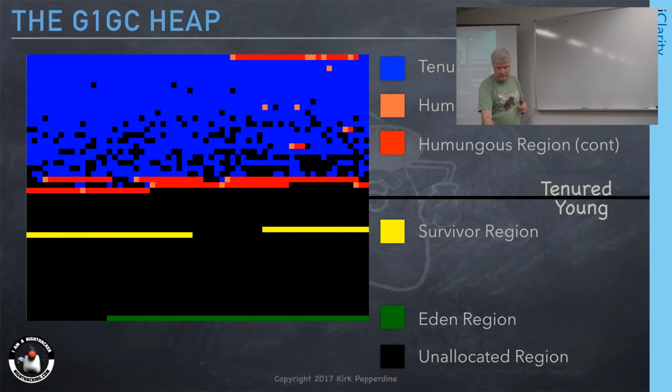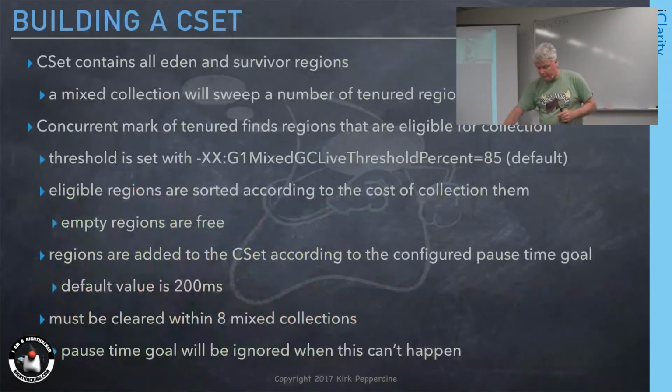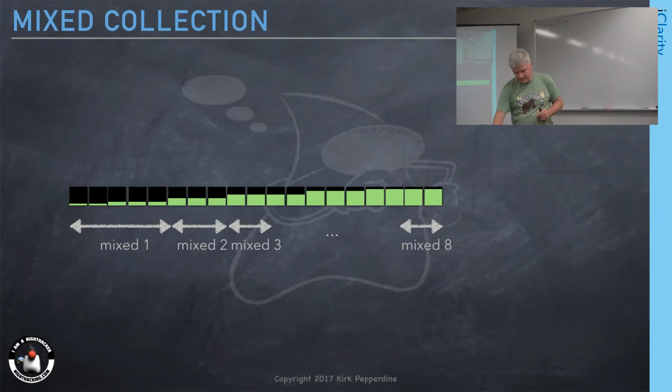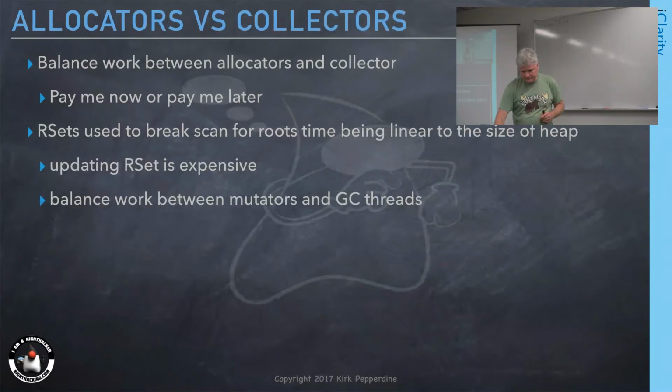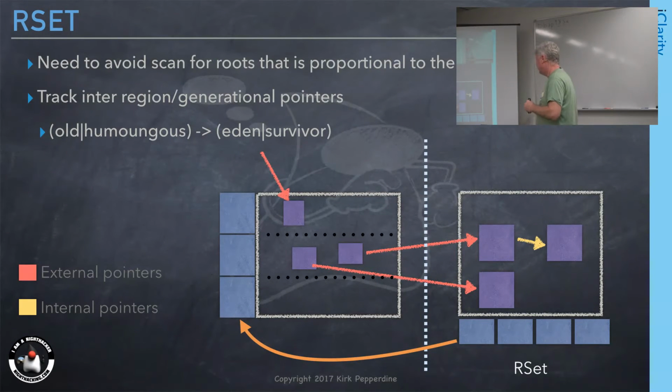Well, we're actually going to build these things called remembered sets. So I'm just going to go all the way down here to where the remembered sets are. What the remembered sets are going to do is, if I have an external pointer, I'm going to record that information in the form of a card table.